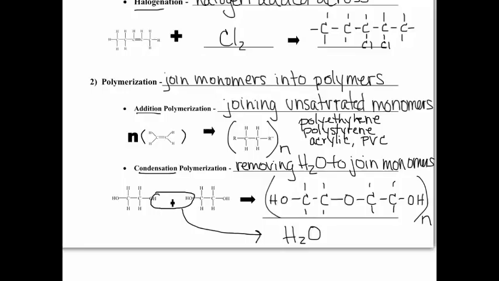For condensation polymerization, we actually can break this into natural reactions because this does happen naturally. And also we can talk about synthetic ones. Some of the natural ones you've already covered in your biology course. They would be like making proteins. That's actually a condensation polymerization reaction.